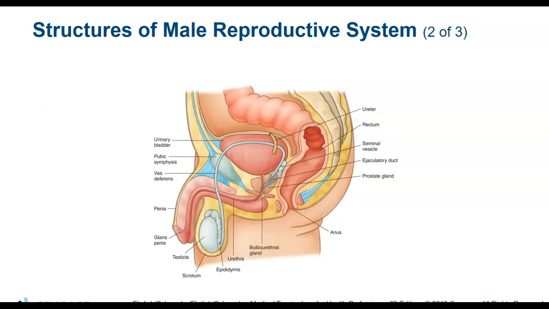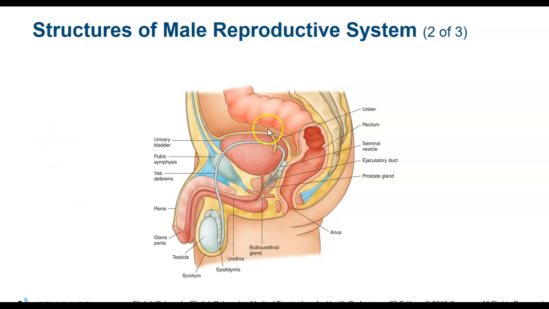So when we look at the male reproductive system, the one thing that we have to remember is this system is shared partially with the urinary system, which is not true in the female reproductive system. So we're seeing the bladder here.